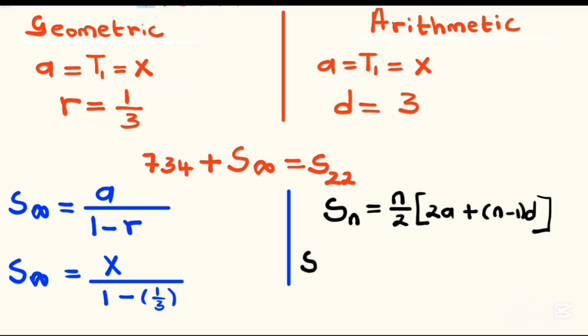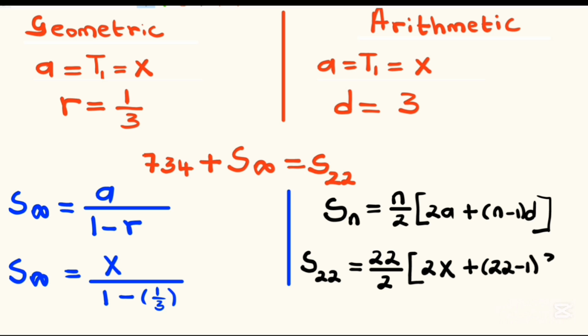For the sum to 22 terms, in place of n we have 22: 22 divided by 2, multiplied by 2 times the first term, which is x, plus 22 minus 1, multiplied by 3. Our common difference was given as 3.